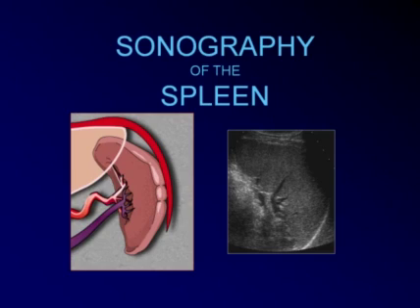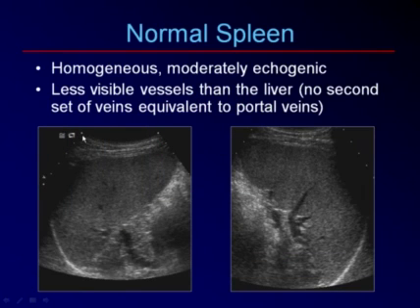Okay, now the spleen. The spleen is a small organ that sits in the left upper quadrant, very closely applied to the left hemidiaphragm. It almost looks like the echogenicity of the liver, except that it does not have the bright portal vein walls that are characteristic of a liver.